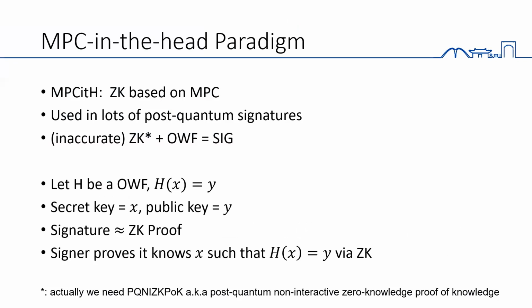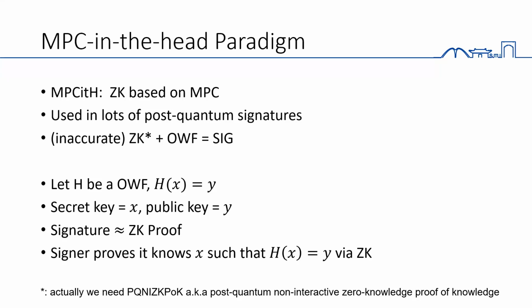So let's start from MPC in the head project. MPC in the head is a family of zero-knowledge proofs based on MPC. It is used in a lot of post-quantum signature schemes. Roughly speaking, if I have a zero-knowledge proof and a one-way function, we can combine them together into a signature scheme.